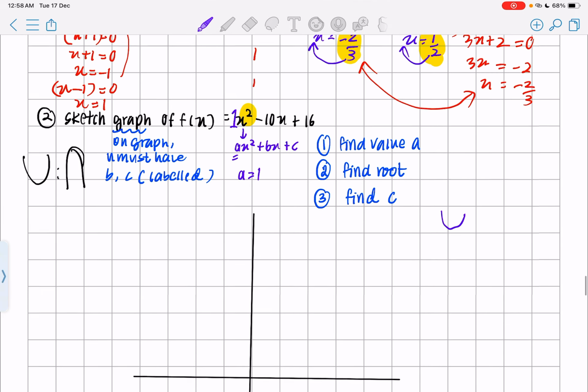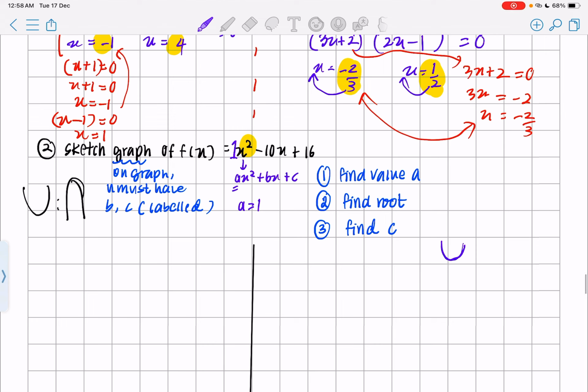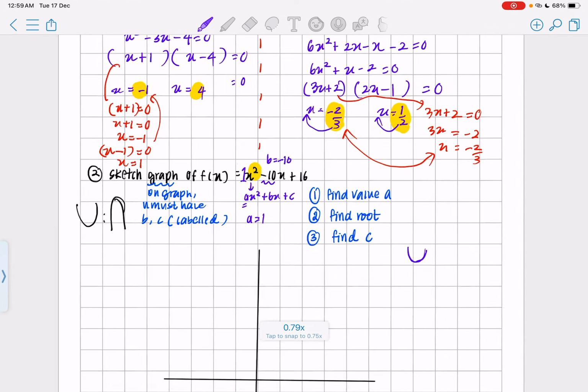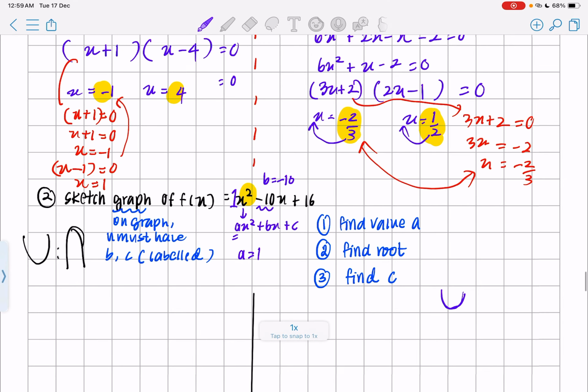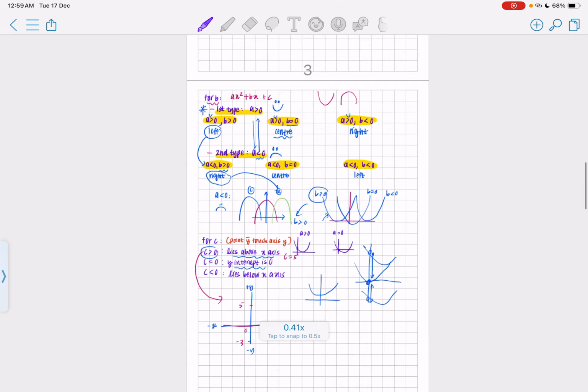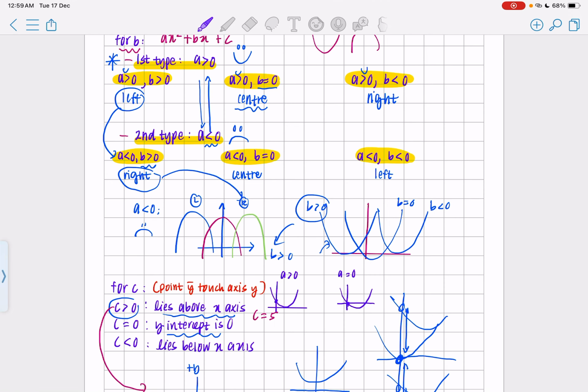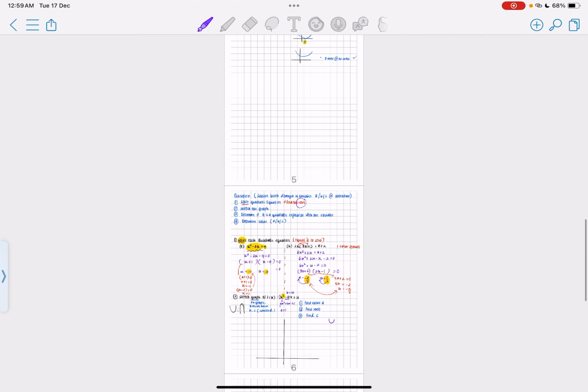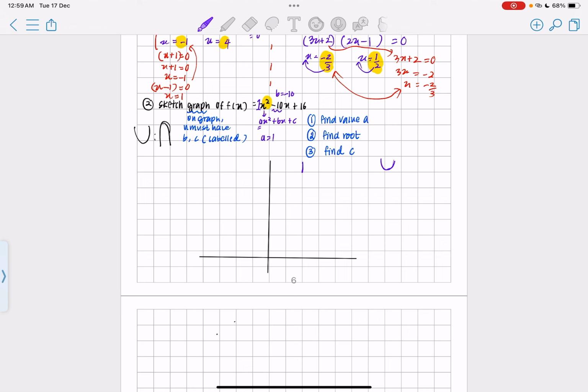Tulis, lukis dulu kecil-kecil, jangan lukis besar lagi. And then, value of B, negative B equal to negative 10. A more than 0, B less than 0, then it's gonna be on the right side.